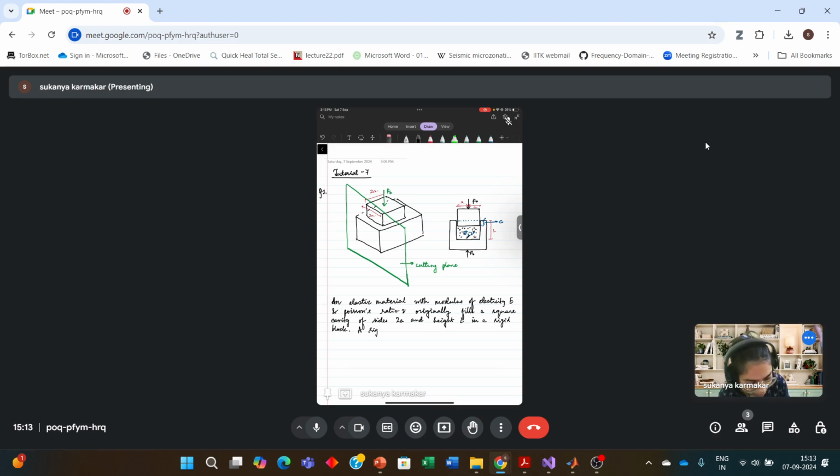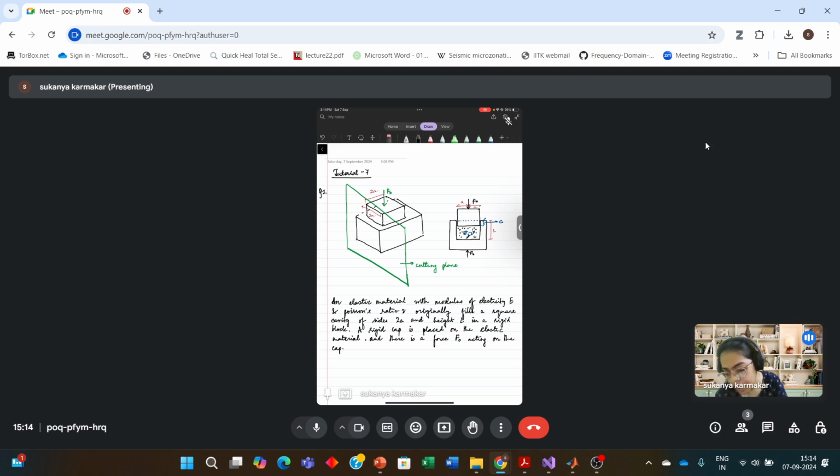A rigid cap is placed on the elastic material, and there is a force F naught acting on the cap.